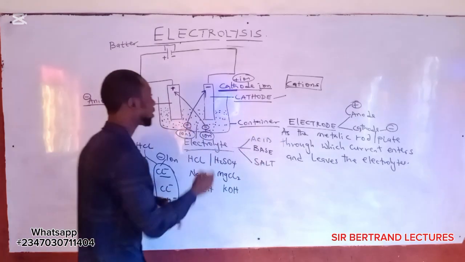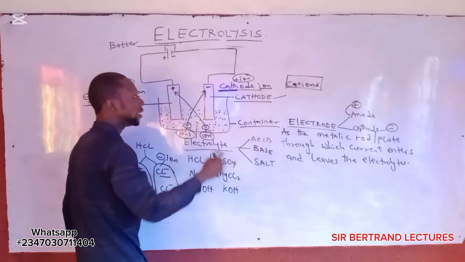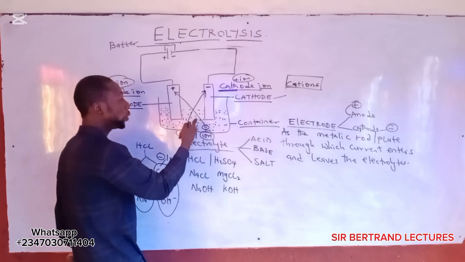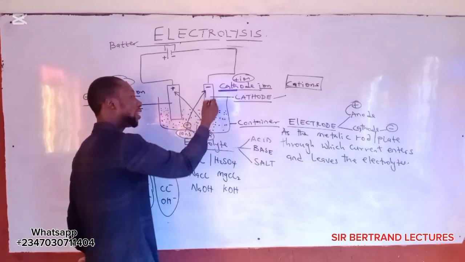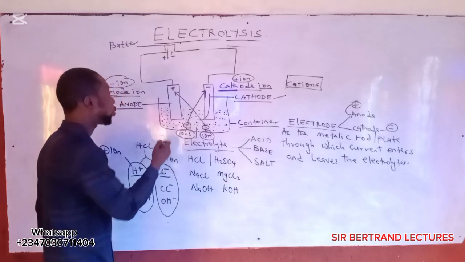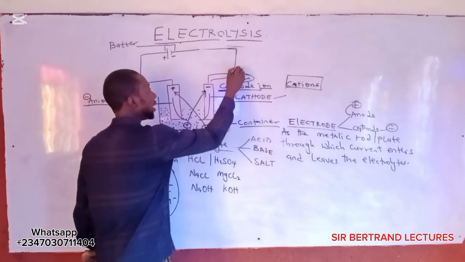Don't forget that current flows from here and goes around. That means the cathode here is the negatively charged electrode through which current leaves the electrolyte, while the anode is the positively charged electrode through which current enters. That means current flows like this.